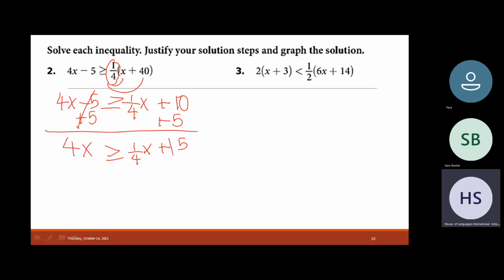Positive. So I will say minus 1 over 4x, minus 1 over 4x. It's by default positive. Then it's cancelled. Then now, 4x minus 1 over 4x. Do you remember now subtracting a fraction from a whole number? I will remind you.